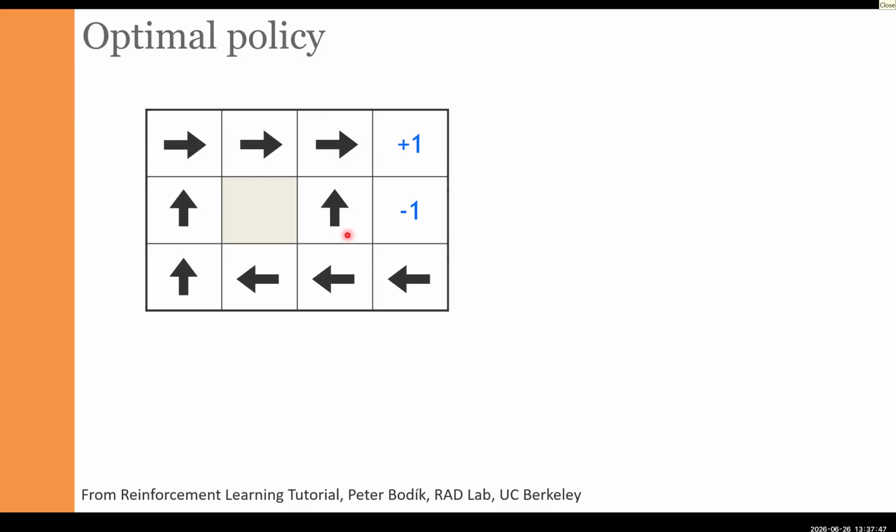Now, a very interesting question: why not move like this? Why is this arrow oriented in this direction and not this direction? Any thoughts about it? Yeah, but 10%. Exactly. You're absolutely right. This is because if we are here, we can end up being here because of the sliding, and therefore it is much safer to do things this way.